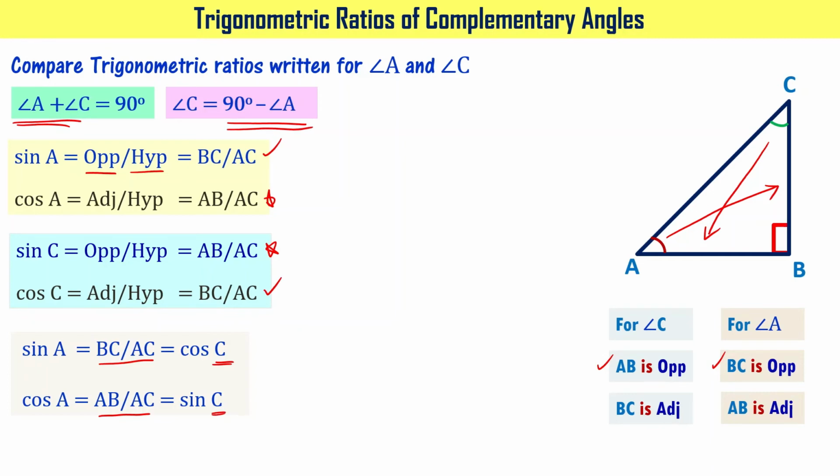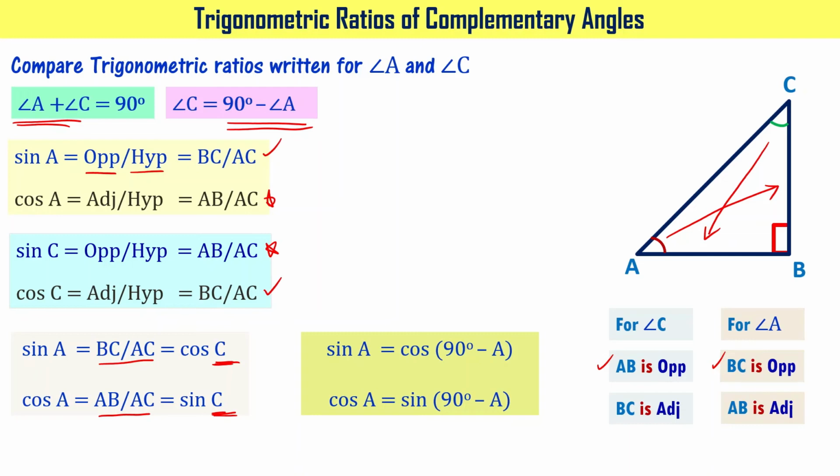Then what I would be writing is sin A equal to cos 90 minus A, right? Similarly, cos A equal to sin 90 degrees minus A. These are the trigonometric ratios of complementary angles.